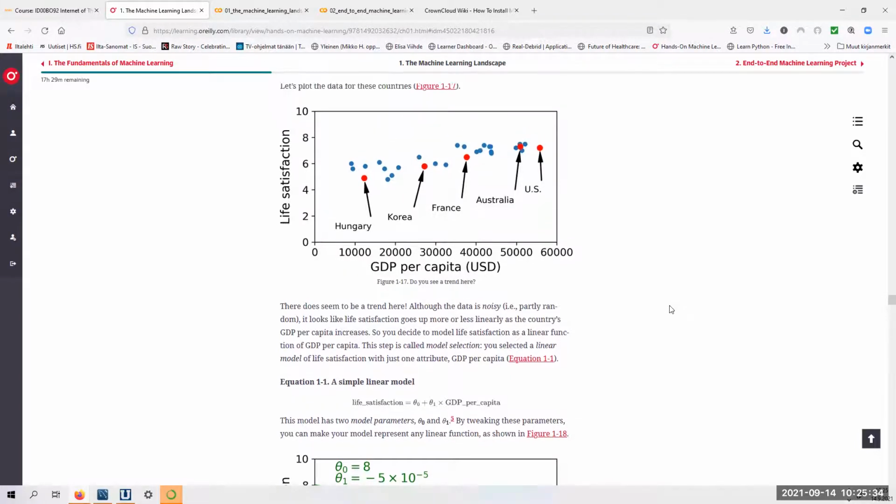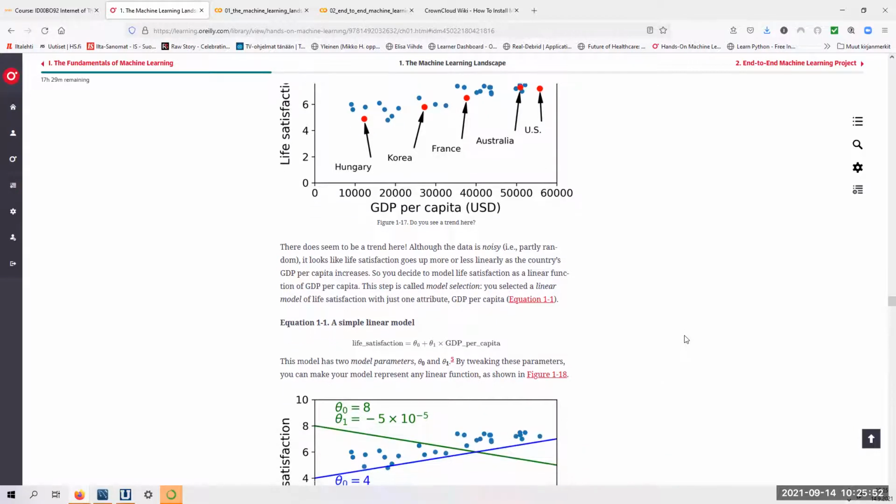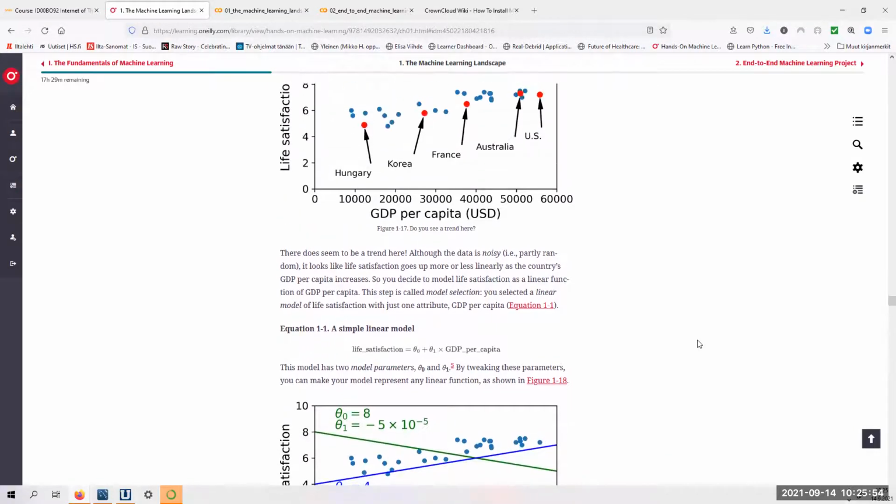So as it is always with real world data, the data is more or less noisy, which means that there is some randomness in the values. But clearly this is a linear function.